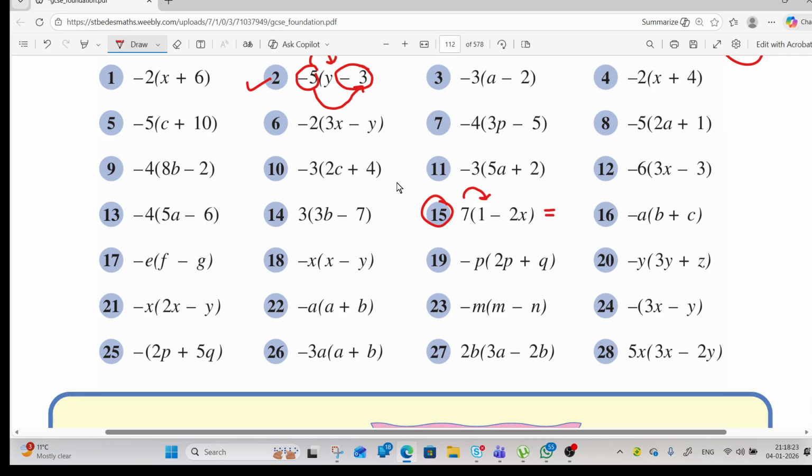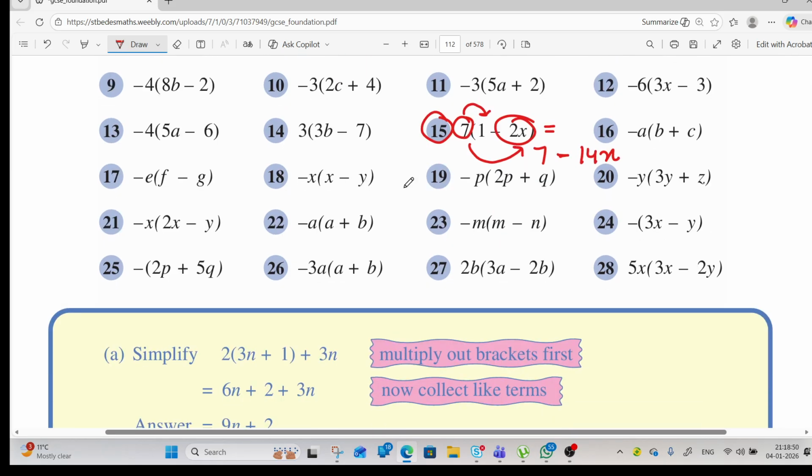Why are you taking a break in between? 7 times 1, 7. And then 7 times 2x is 14x. What should I put here in between? Minus. Good, because positive times a negative number is negative.